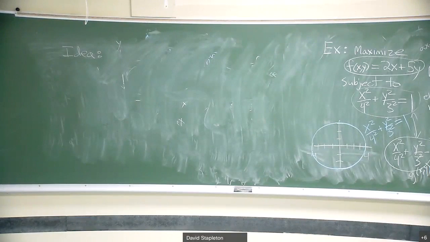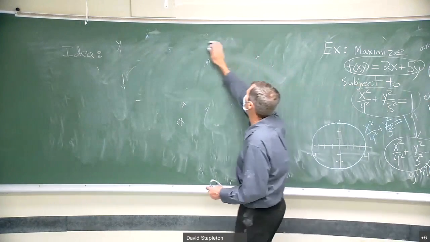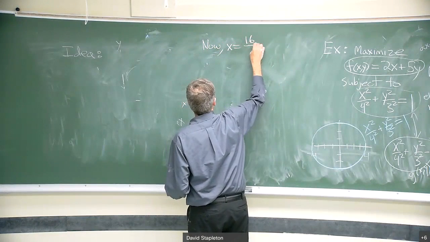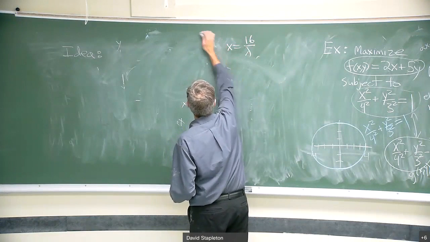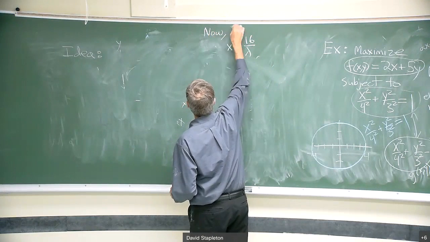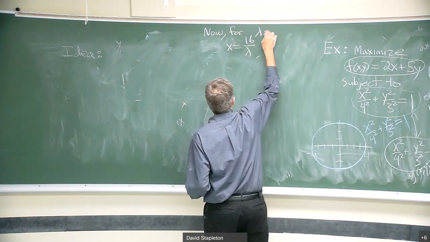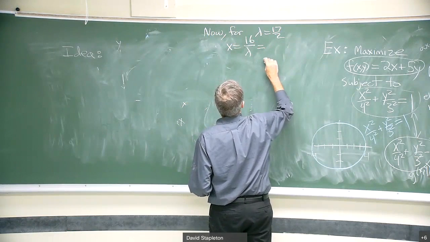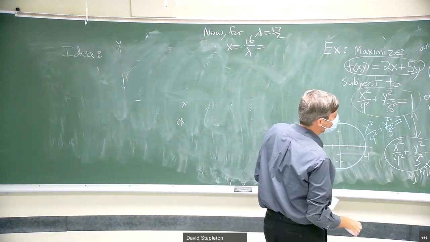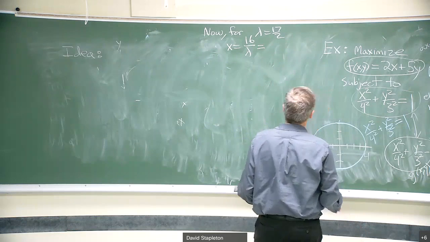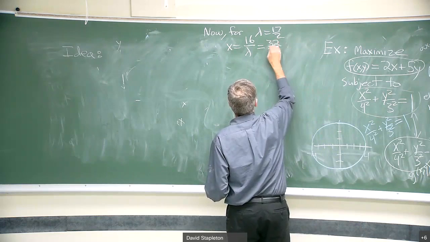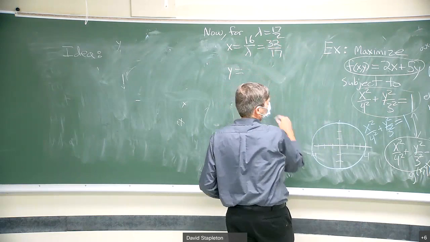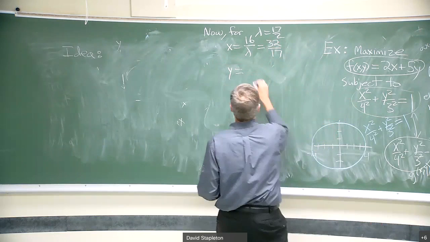So now, x equals 16 over lambda. So for lambda equals plus 17 halves, I get x equals 16 over lambda equals 32 17ths. And y was equal to 45 over 2 lambda.